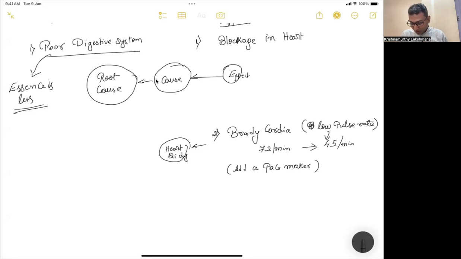Okay. What else can be another problem? Who controls heart? Kidney. So the kidney chi may be deficient. That is why the heart is not able to function properly. What else?